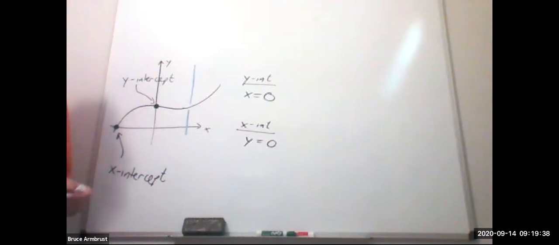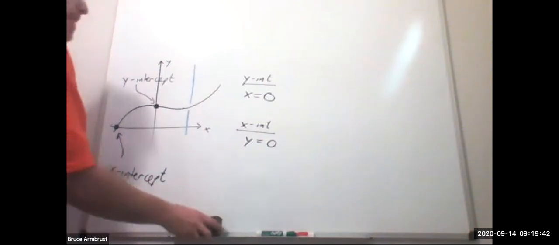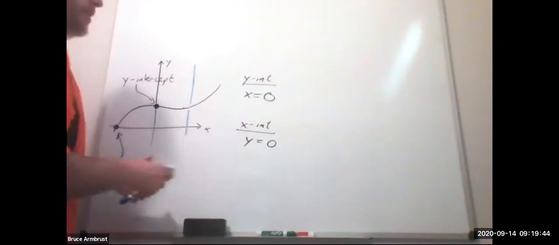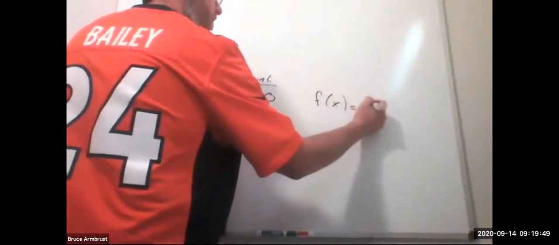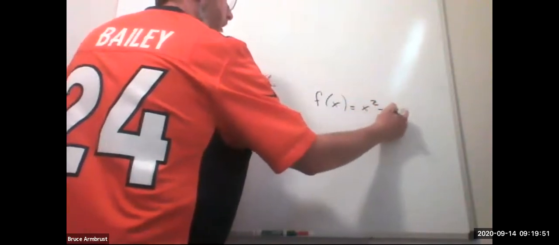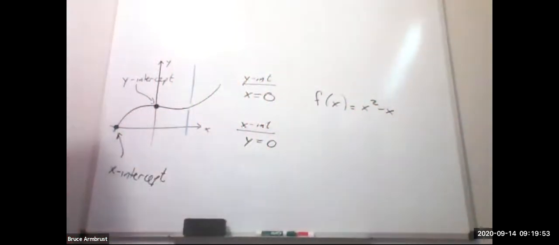Now, there's not always a y though, right? Like if you think about it, let me give you a function here. Let's say f of x equals x squared minus x. So we'll go ahead and find the intercepts for this thing.